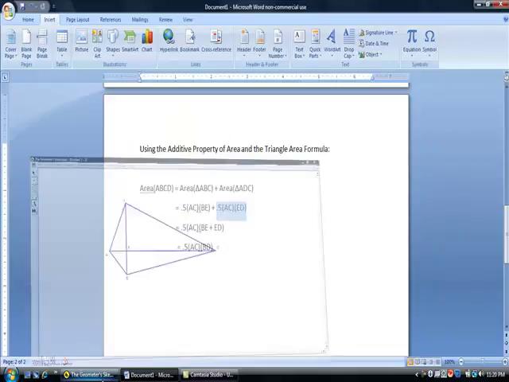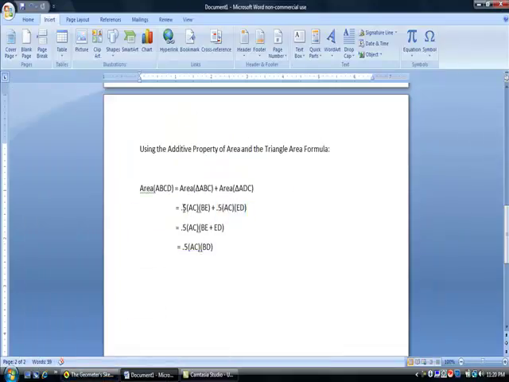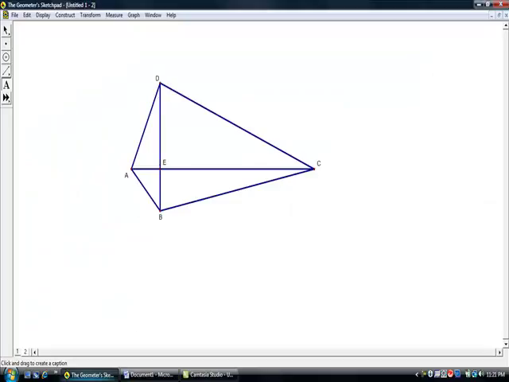Okay, going back into here again. If you look, both of these little chunks have a 0.5 AC. There's one there and there's one here. So I'm going to factor that out of both of these, and I'm going to write whatever's left over in parentheses. So I got 0.5 AC times the quantity BE plus ED. Well, what in the heck is BE plus ED? Look back at the figure.